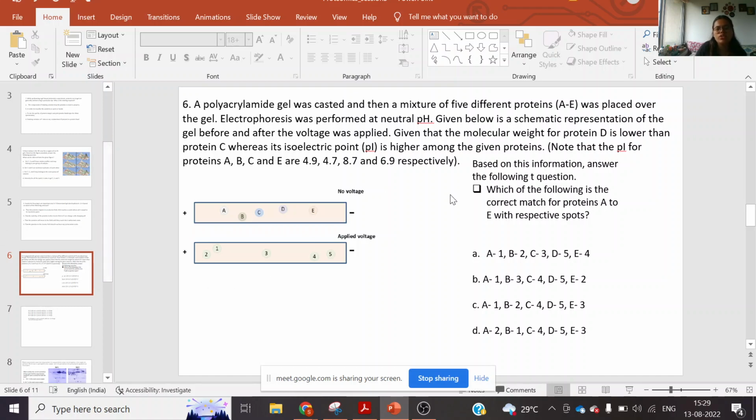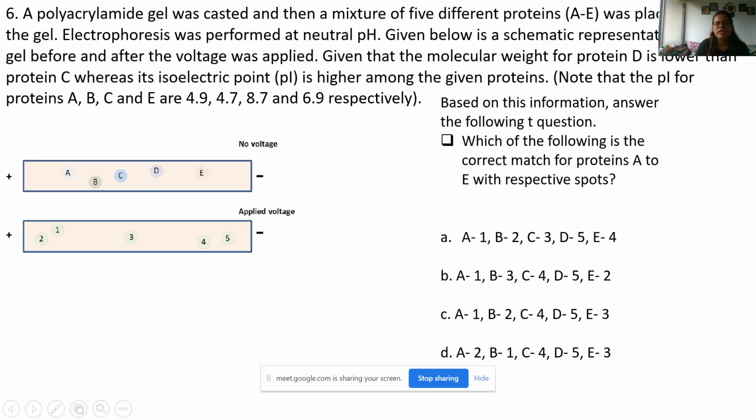Given that the molecular weight of protein D is lower than protein C, whereas its isoelectric point, pI, is the highest among the given proteins. So what is the information given? Let's first discuss that, and then we have to find out which of the following is the correct match. From this and this image, we have to figure out which is the correct match.